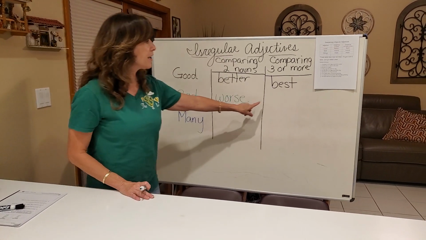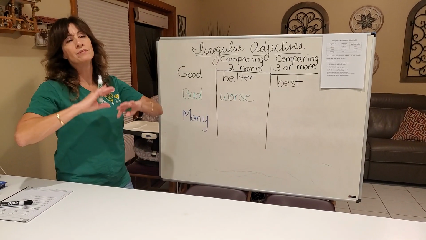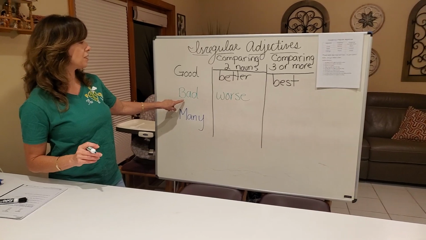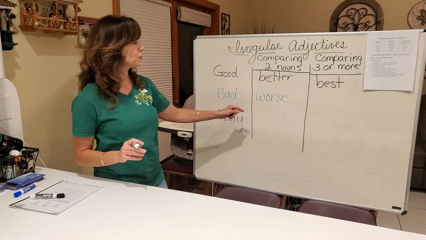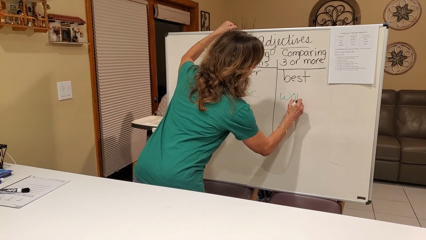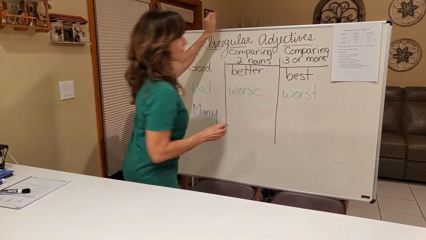And if we want to say that it was the worst of all the time or of the whole year, we wouldn't say I had the baddest day ever. We would say I had the worst day ever. See that? I had the worst day ever.